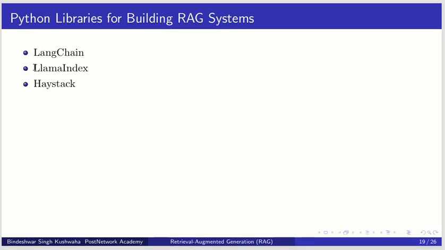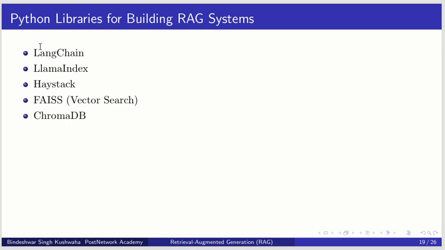I will be explaining when I get to Haystack, a similar kind of tool to LlamaIndex. FAISS, Facebook AI Similarity Search, is used for vector database search, and that is very important. We will also use ChromaDB to store vector databases. OpenAI and Hugging Face APIs we will use for sentence embeddings.